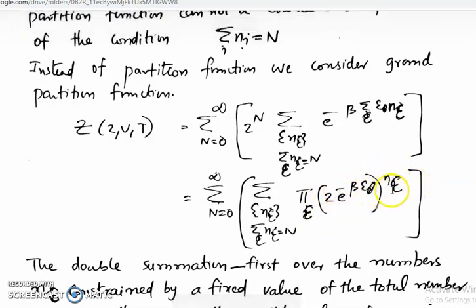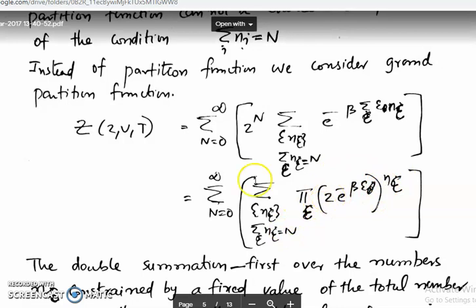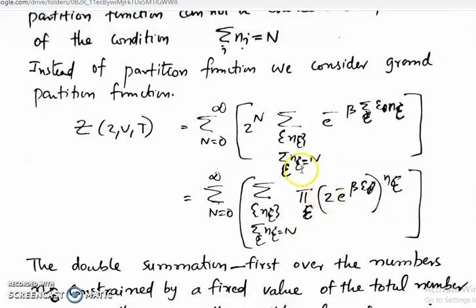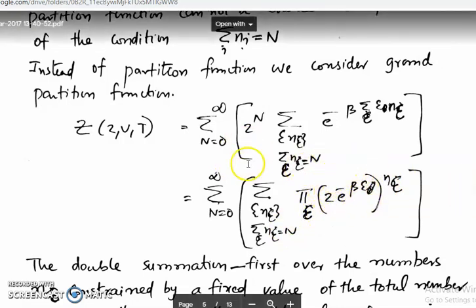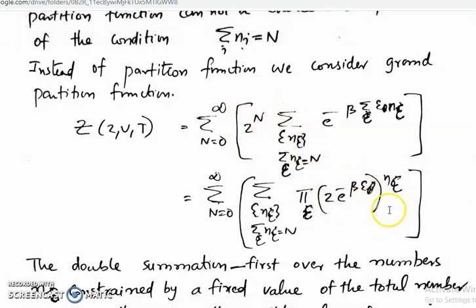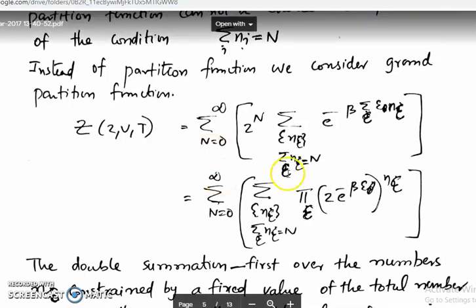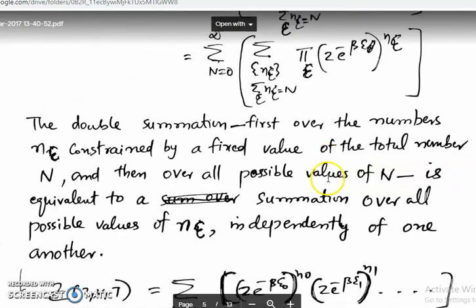When you add together the powers of z, the sum will be equal to capital N, because you are taking the sum of the numbers of particles in each different state. So I can take this z inside this.